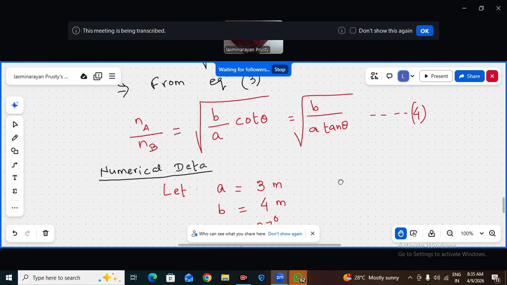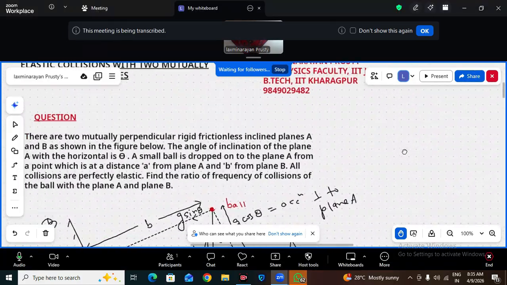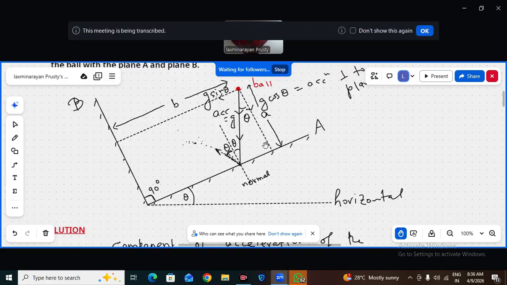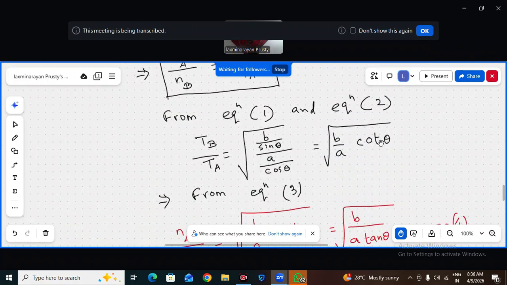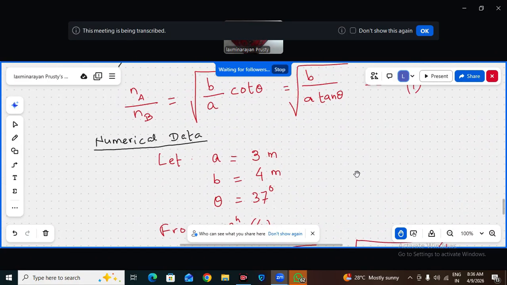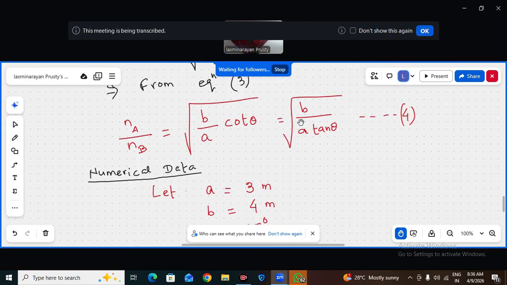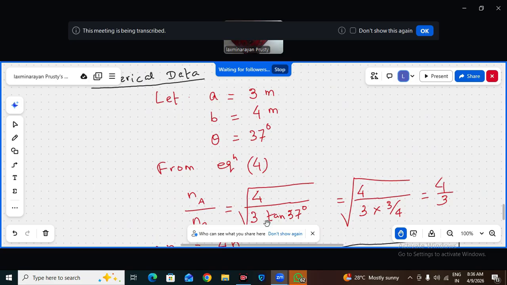So let's take some numerical values. a is 3 meter, b is 4 meter, theta is let's say 37 degree, just to give easy numericals. So NA by NB will be root over of b by a tan theta, so root over of 4 by 3 tan 37.